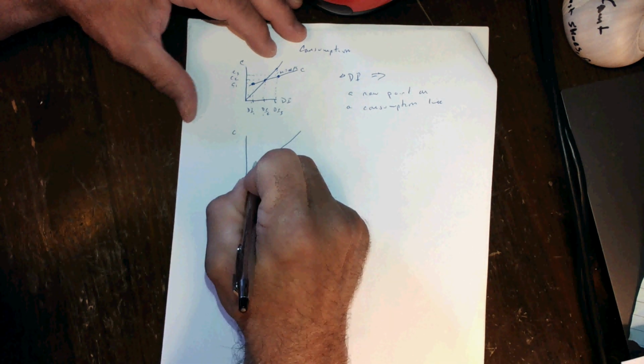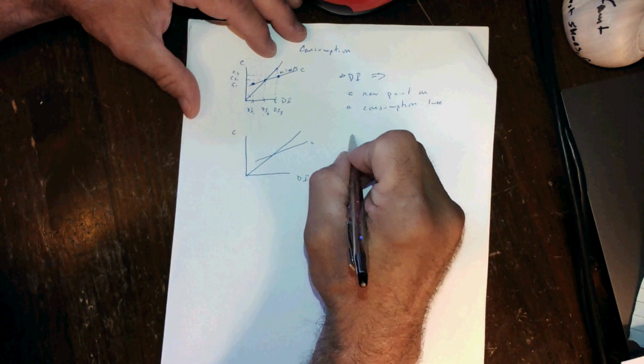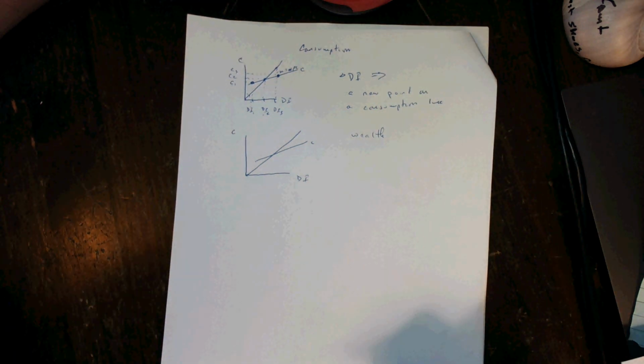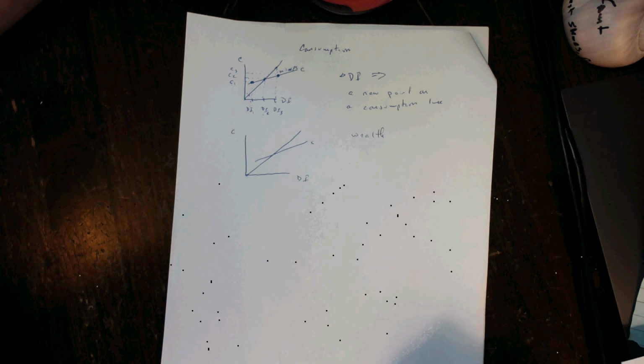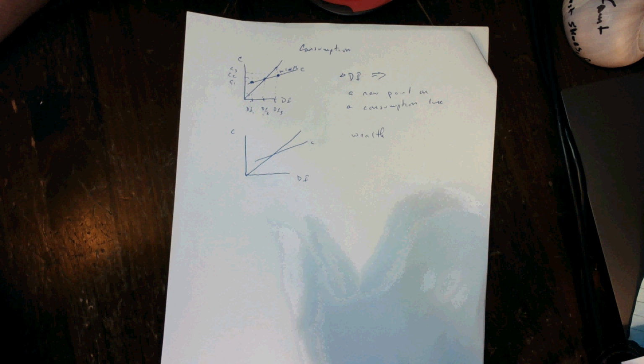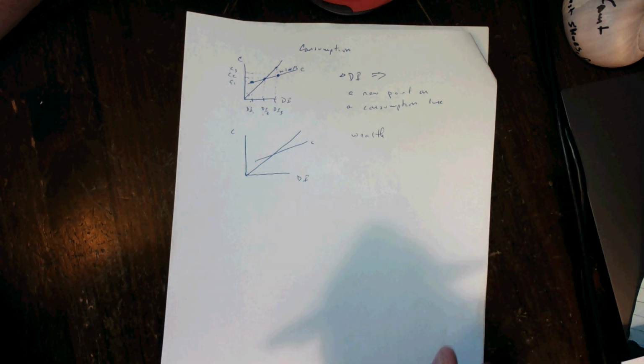Let's say we start off with one consumption line and wealth increases. Wealth is an amount of money you have, say, in stocks, bonds, and savings. Wealth is considered a stock, but not in the sense of the stock market. A stock is an amount of something that remains constant unless it's acted upon. Income, as opposed to wealth, is a flow. You earn income as you go.